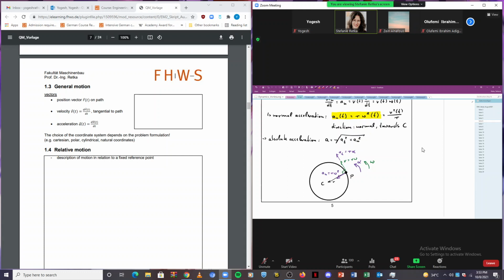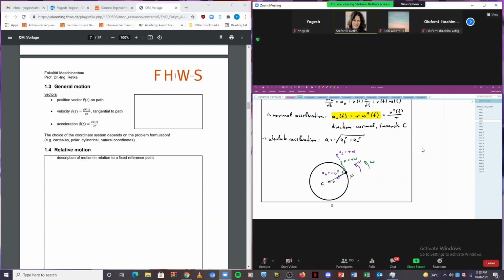We discussed this relation on Monday already. If omega is constant, alpha is zero. If alpha, the angular acceleration, is zero, then the tangential component of the acceleration, AT, is zero. And there's only a normal acceleration, AN, acceleration towards the center of the circle, the circular path.